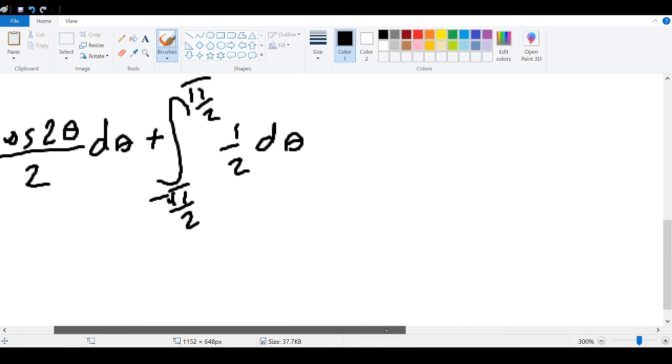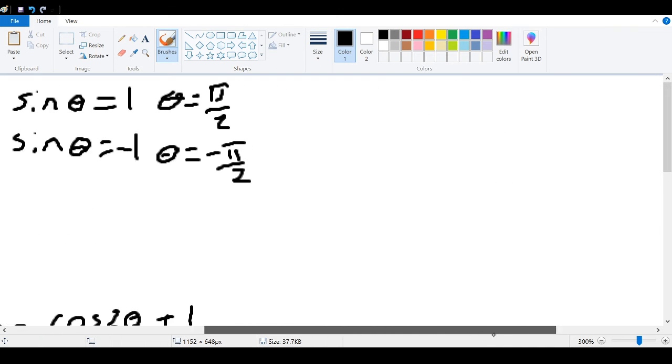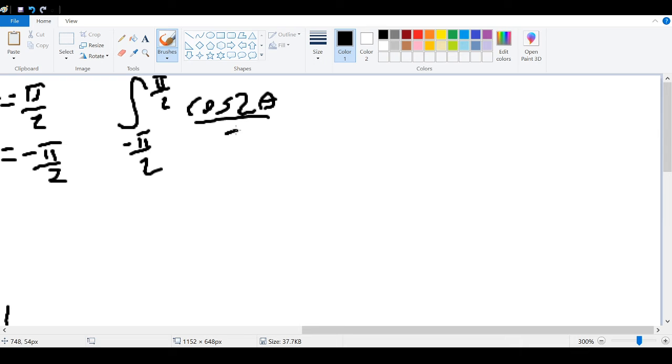Alright, let's deal with the integral on the left first. So we're looking for a solution to the integral from negative pi over 2 to pi over 2 of cosine 2 theta over 2 d theta.